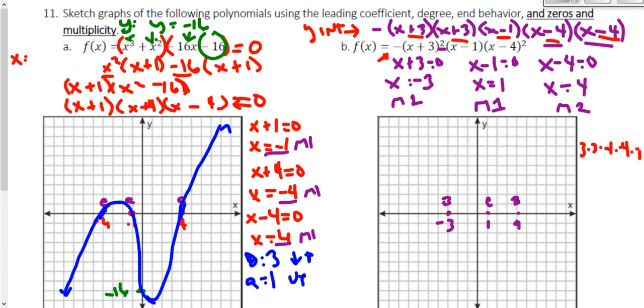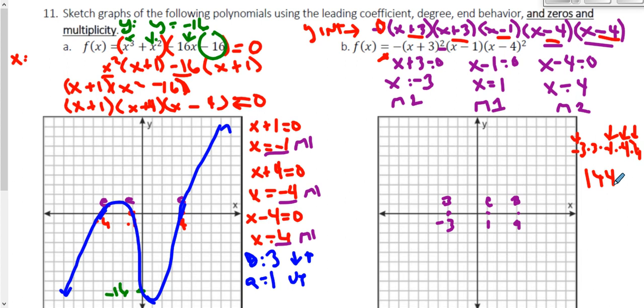So 3 times 3 and negative 1 and 4 times 4, and if I multiply all of those together, I get 144. I have negative here and here. That gives me a positive. Another negative is negative, and this negative from the front is positive. So I get positive 144 when I multiply all those numbers together. I'm going to go ahead and not count that out and just put it right here. So there's 144 on my y-axis.